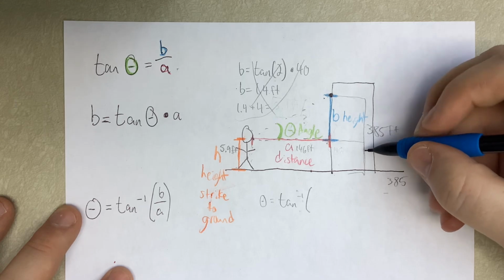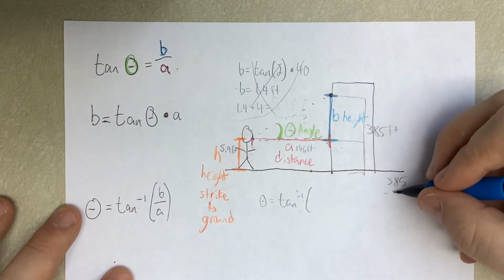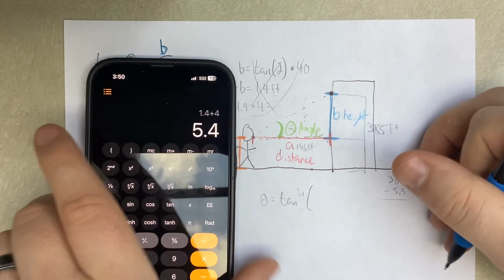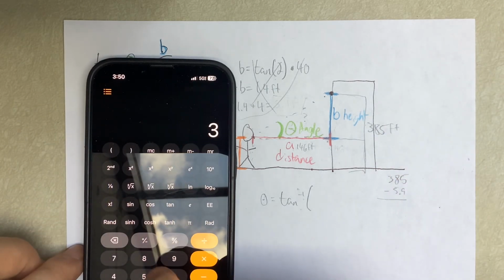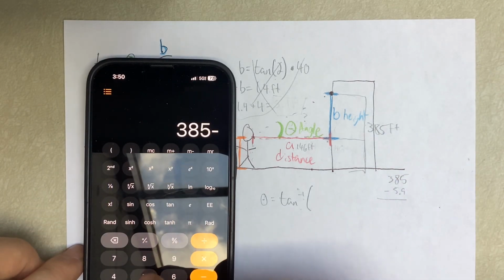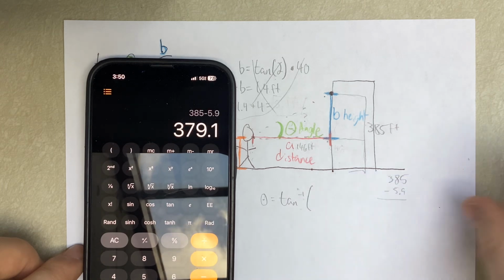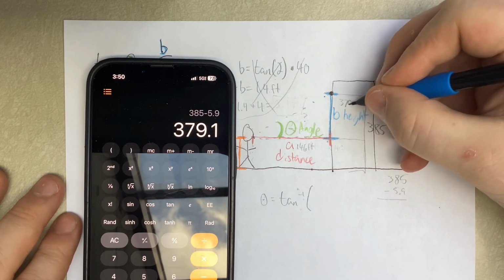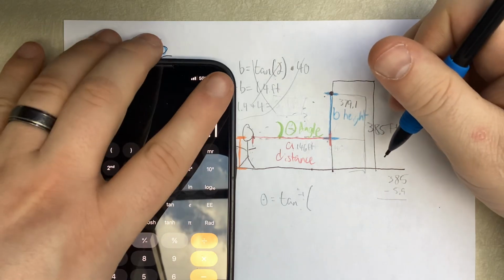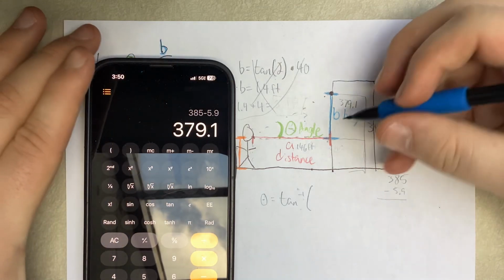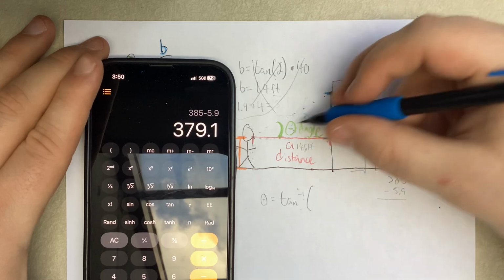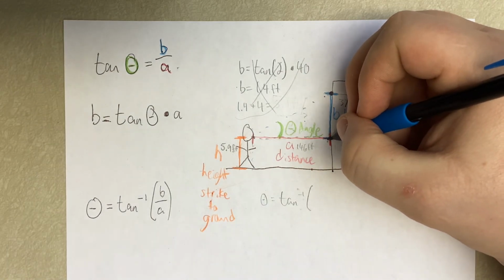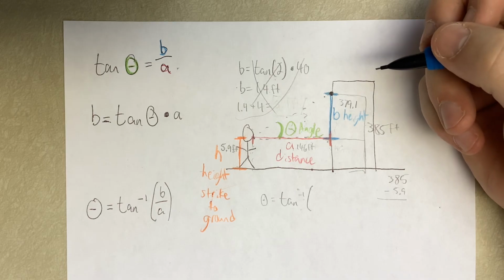We need to take this off first, which was 5.9 feet. So let's do that on here. 385 minus 5.9. That's going to give us that b is actually 379.1. This is what I'm going to have to do anytime that tells us how high the building is from the ground and not from the horizontal location at which the person was struck.